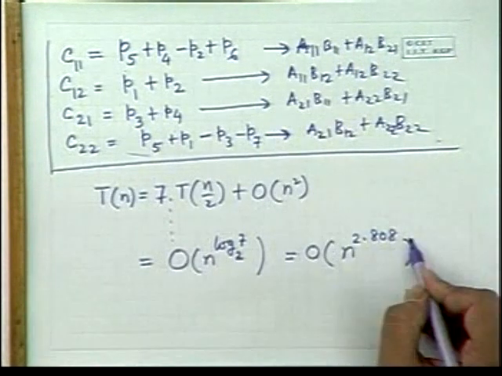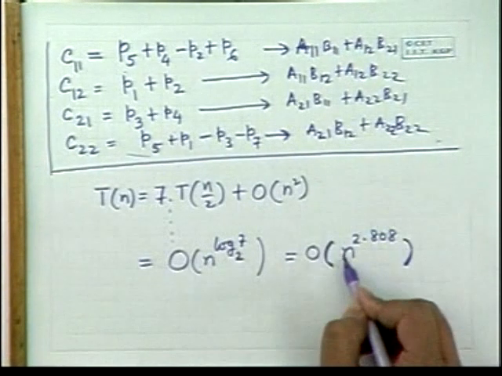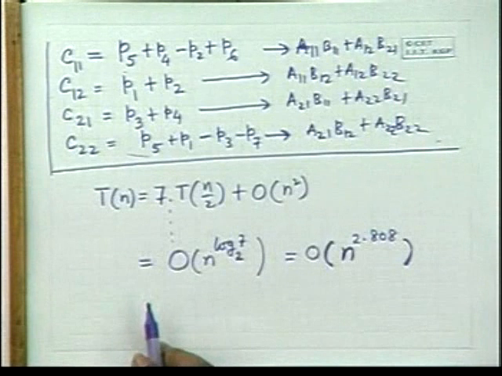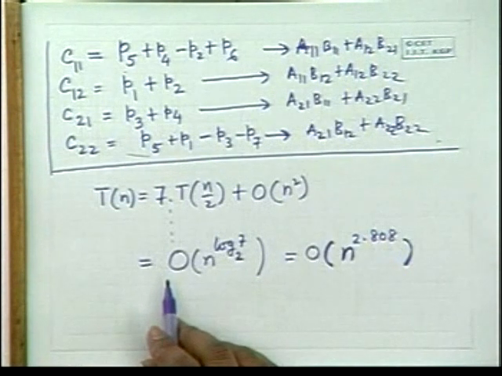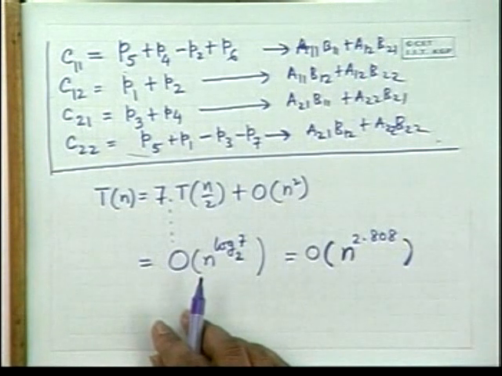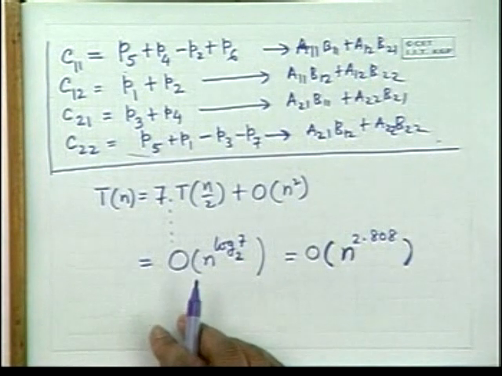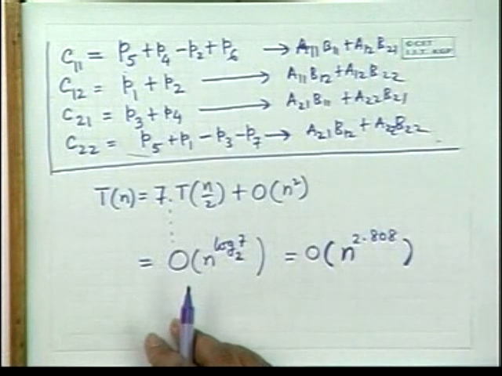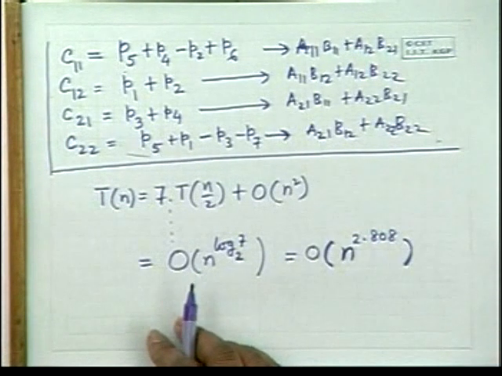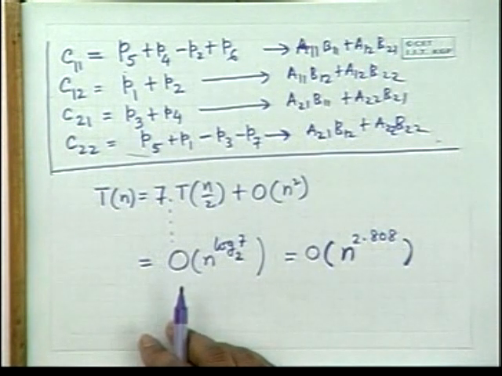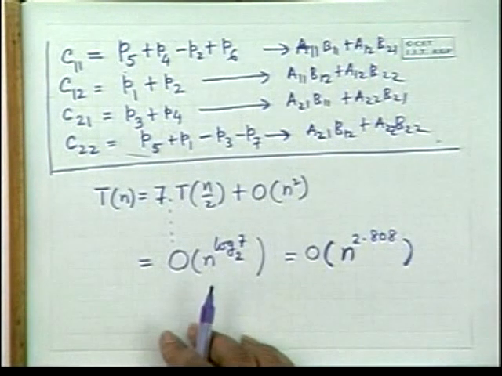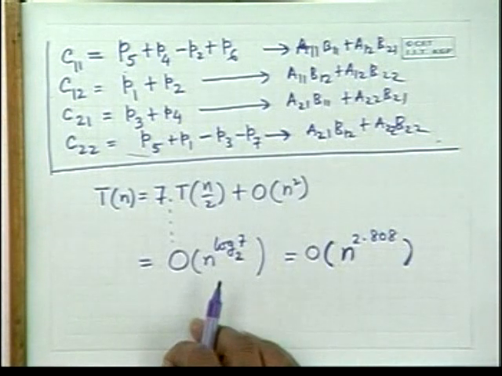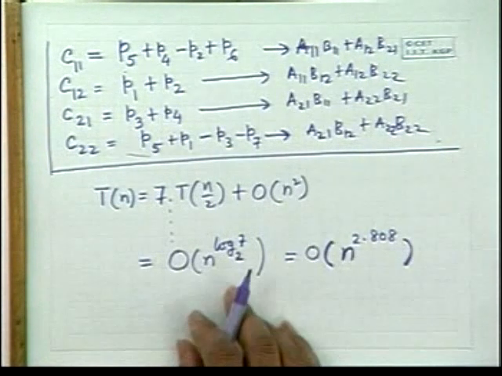But the point here is that theoretically we would like to know whether n cube can be beaten at all, whether n cube is the barrier. Suppose somebody someday tells us that matrix multiplication can be done in order n to the power 2.99991. Still it has significance, because then at least it is known that n cube is not the barrier.